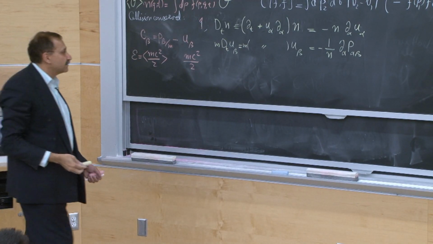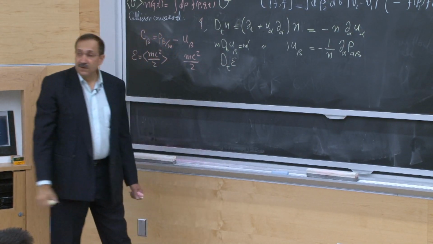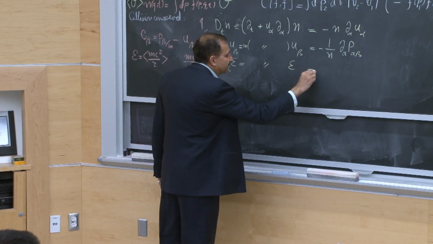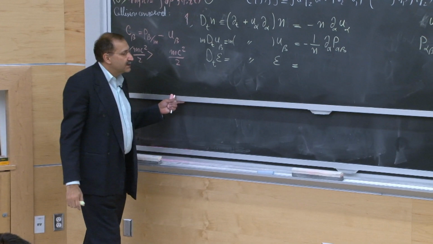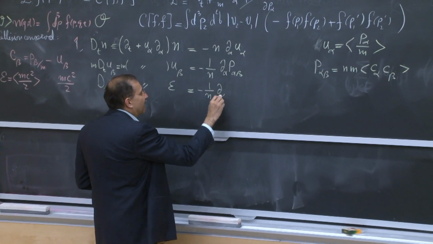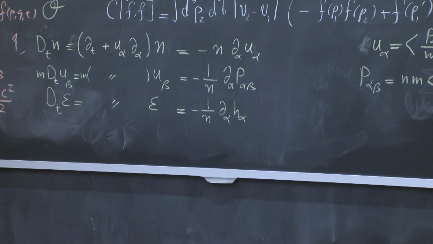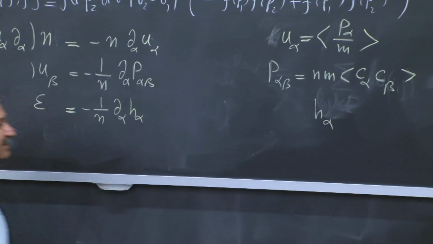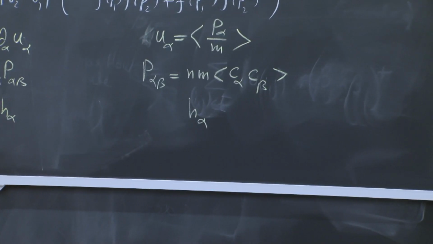And then the hydrodynamic equation is that as you move along the streams, so you have this derivative acting on this quantity epsilon, what we are going to get is something like minus 1 over n d alpha of a new vector h alpha. H alpha basically tells me how this quantity is transported.